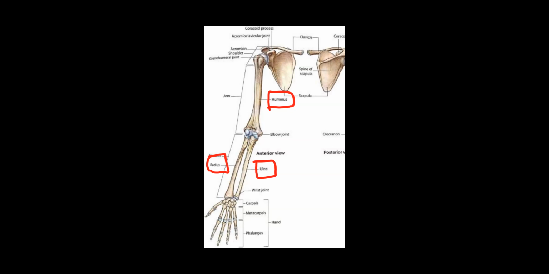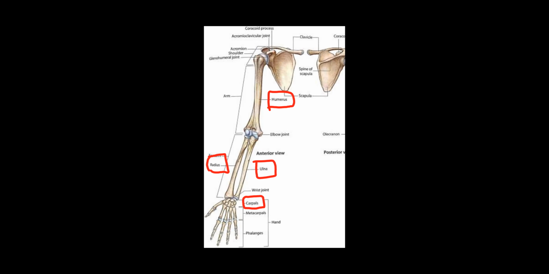Then comes the wrist. In the wrist there are 8 bones, called carpals. Then in the palm there are 5 bones: 1 towards the thumb and 4 towards the fingers, 1 for each finger.